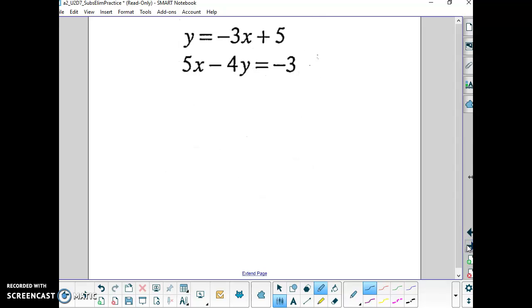All right, so this one's already solved for y, so we're going to use substitution. So that's y. We're going to put it where the y is. 5x minus 4 times negative 3x plus 5. Distribute.